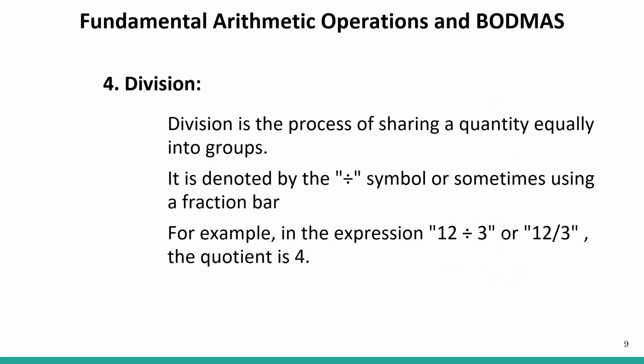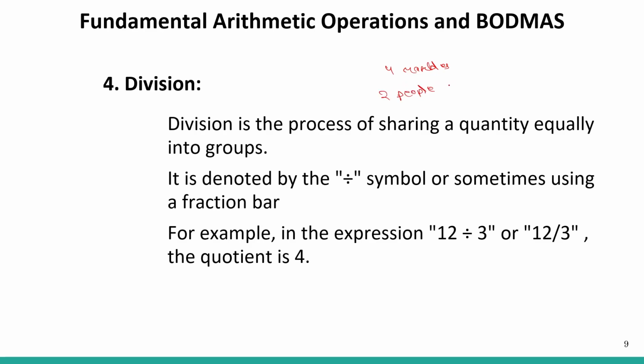So let's explore the fourth kind of arithmetic operation, that is division. Division is the process of sharing a quantity equally into groups. You are given some quantity. Let's say you have 4 marbles and you are trying to divide them among two people.